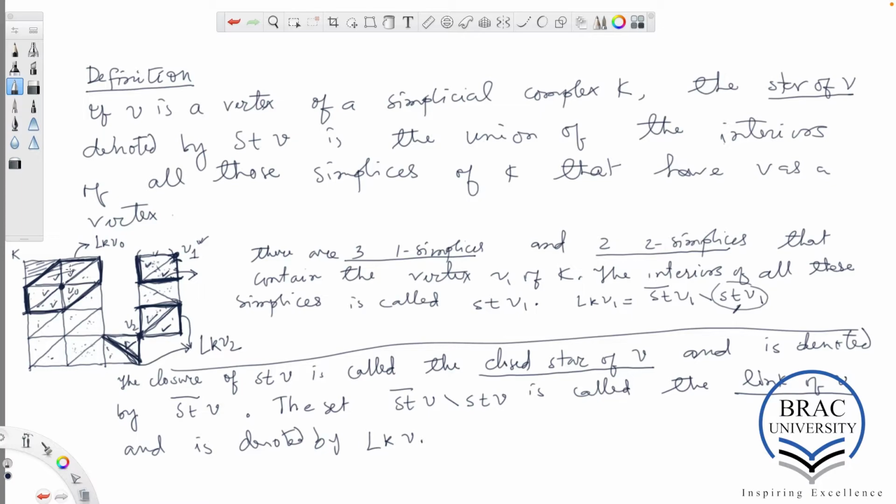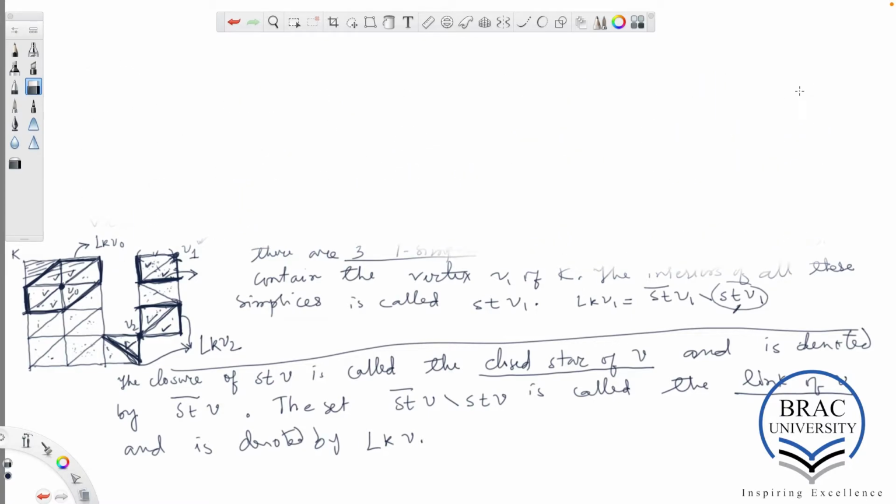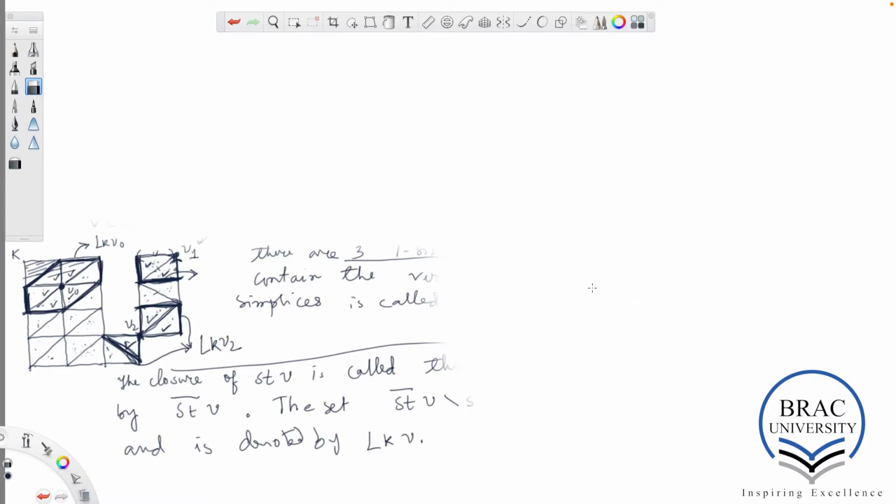So now we are all good to state the first theorem of our lecture. Let me state it without erasing the diagram.